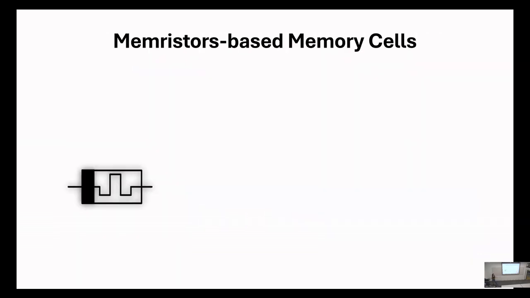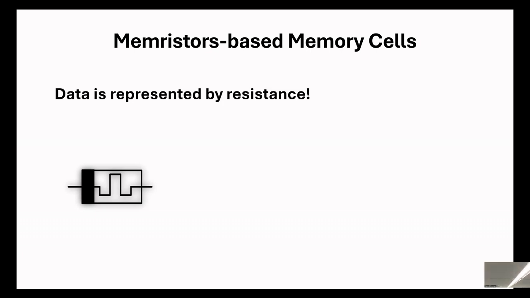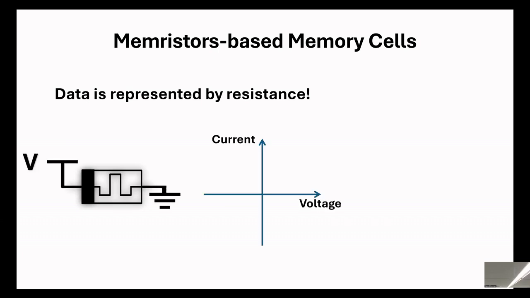So how can it be done? Using an element called a memristor. It can be implemented using many technologies, but in the scope of this talk I'm going to use it just as a digital element. How does it work? It stores the data by resistance. If we apply a voltage in a certain polarity, then the resistance decreases.